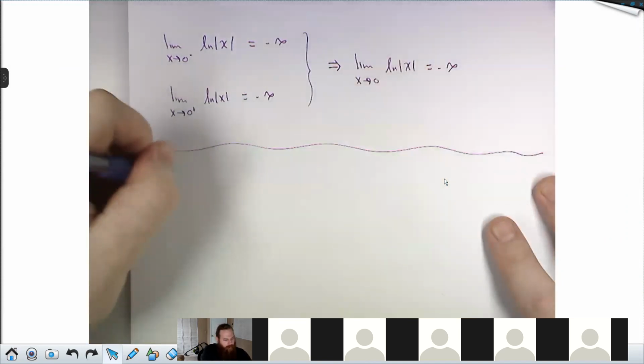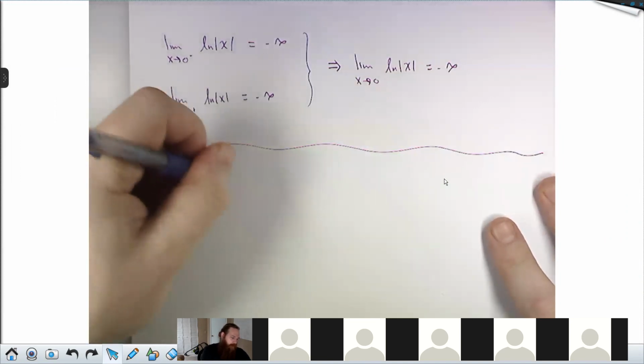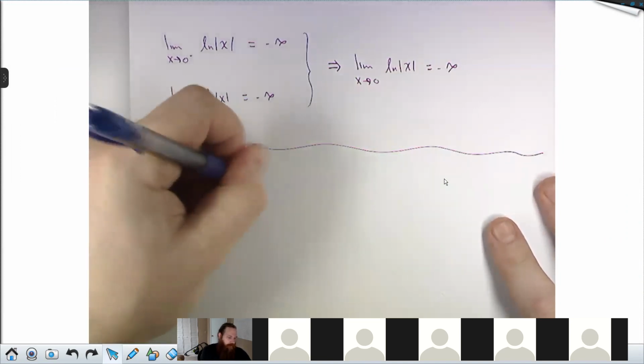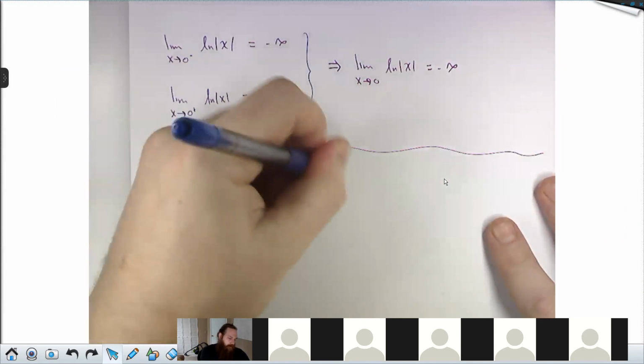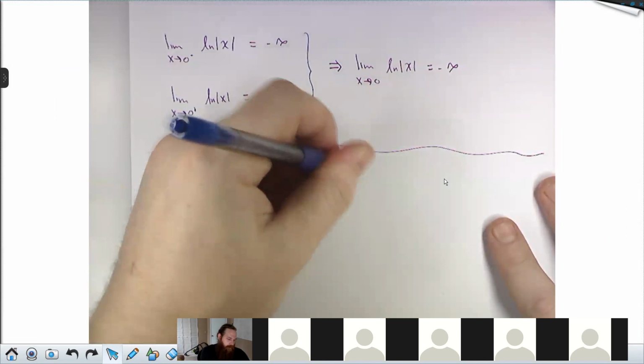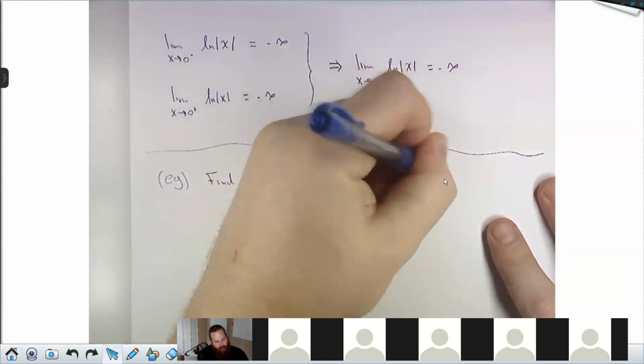So let's do one more example here, and let's have it involve some trigonometry. Let's find all the vertical asymptotes for the secant function.